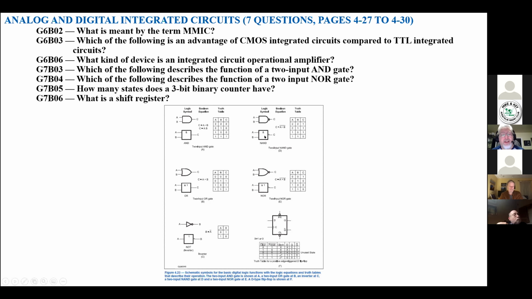Nope. Never seen that. And then this is an OR. The OR gates are over here, and then the NOR with the little dot on it. And then here's an inverter, which looks like a triangle with a dot on it. And then here's the clock flip-flop.